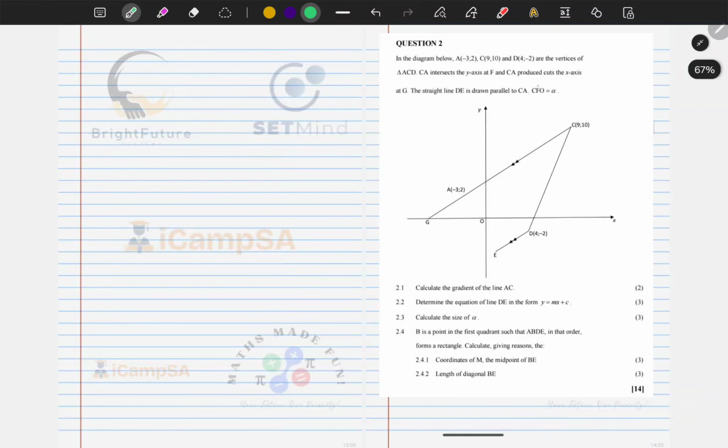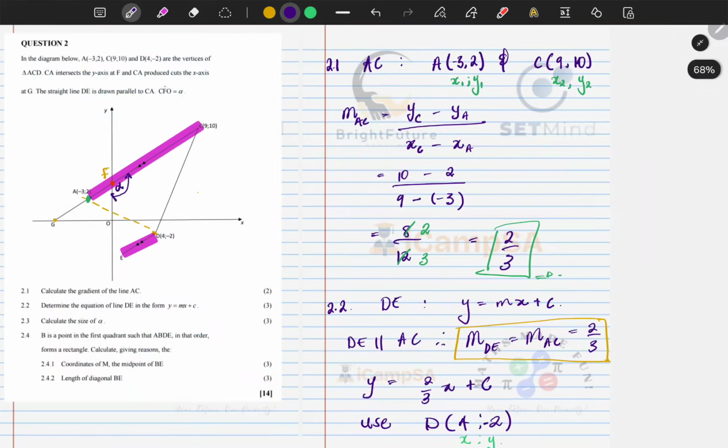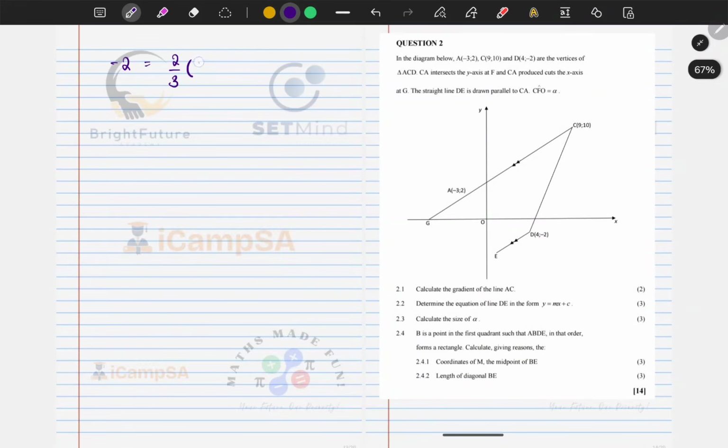So y is minus 2, equals 2 over 3 times x, which is 4, plus c. So minus 2 equals 2 times 4, which is 8 over 3, plus c.